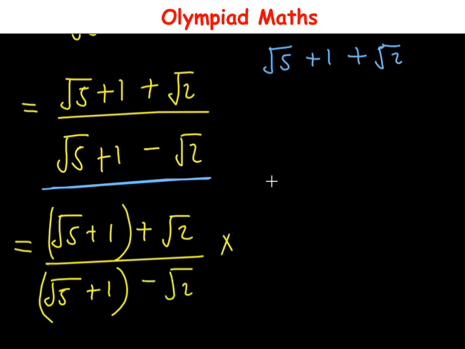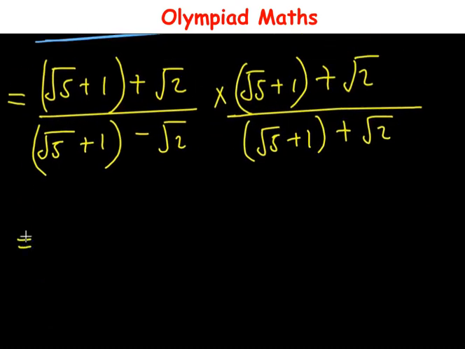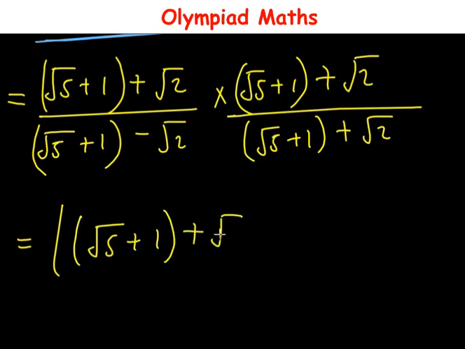So multiplied by root 5 plus 1, plus root 2, all over root 5 plus 1 plus root 2. So this is then equal to, now multiplying the numerator, looking at it, we have the same form. So this is then equal to, in brackets, root 5 plus 1, then plus root 2, all squared, right?